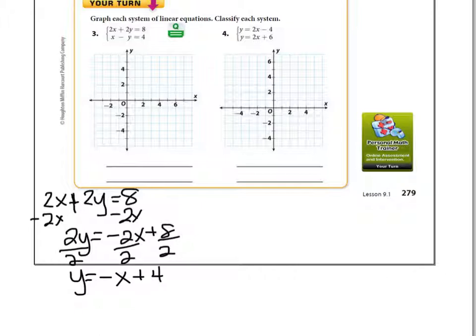So now I want you to go ahead and graph that line. Make sure you're doing that in pencil, just in case something goes wrong, hopefully not. So graph it and then unpause this so we can check it. For this one, that equation, your y-intercept should be 4.